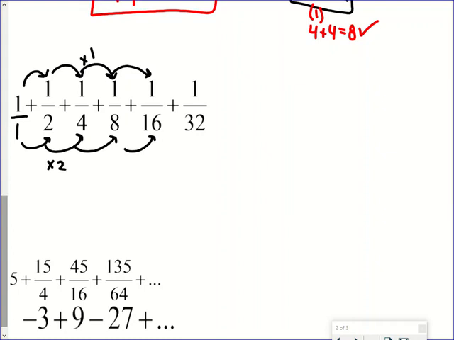So your pattern for this one is multiplication, which means it's a geometric. So our pattern is R, and our pattern is going to be what we did on the top and what we did on the bottom. So we're multiplying by 1/2. Alright, so for geometric, we're going to follow our formula that we wrote down in the beginning.